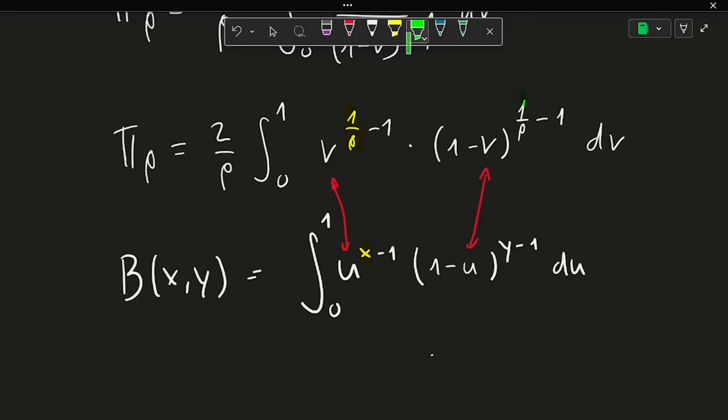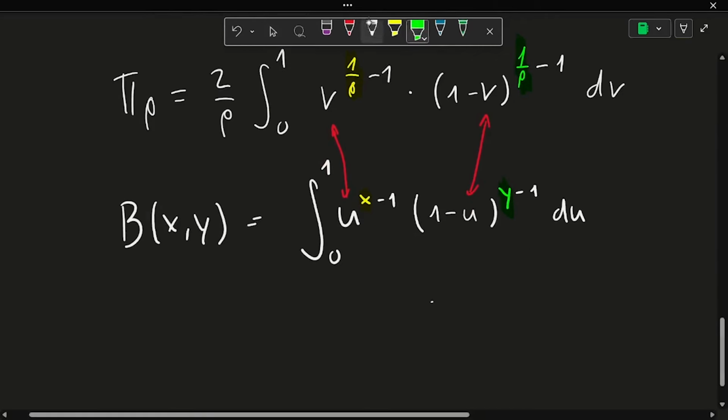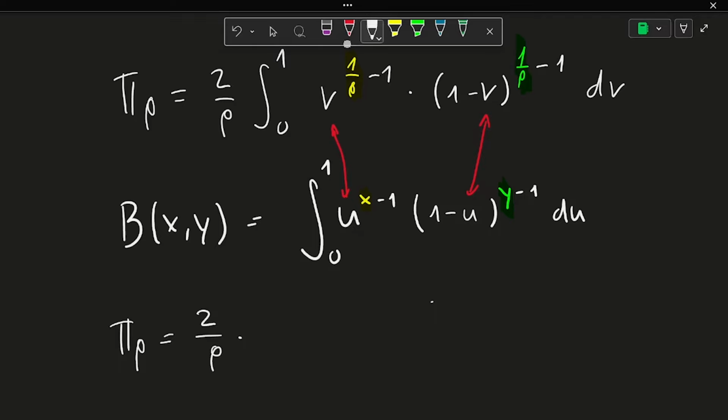But what is much more interesting is that this 1 over p here is playing the role of this x, and this 1 over p here is playing the role of this y, which means that pi p can be written as 2 over p times, and then this integral just becomes beta of 1 over p, 1 over p.